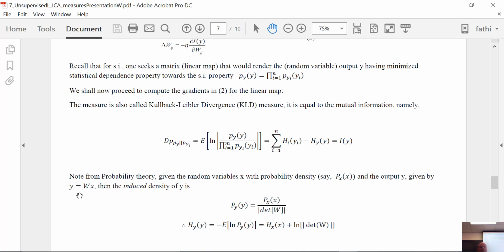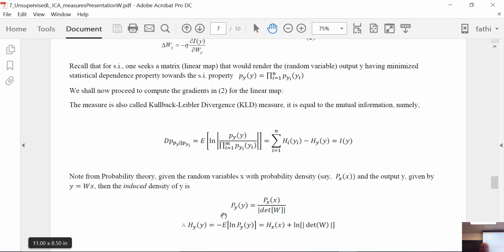So I have a random variable, I map it to a Y by a W. And statistics tells us that the joint density of X is going to relate, you're going to create a joint density of Y by dividing by the determinant of this matrix transformation. This is just from statistics, probability.